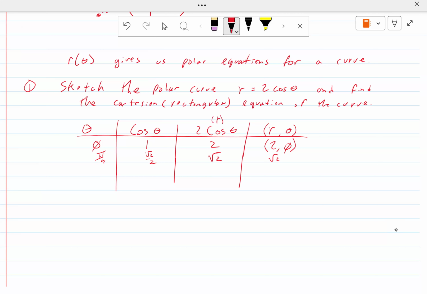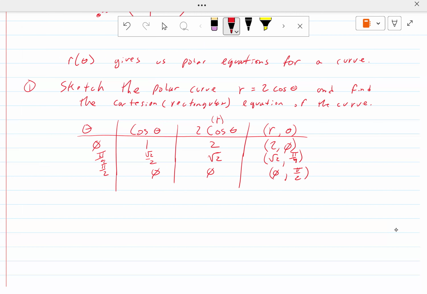So this is radical 2, and then pi over 4 is the angle that I meant. If I take pi over 2, then I get the cosine to be 0. 2 times 0 is 0, and so I get 0 and then pi over 2.